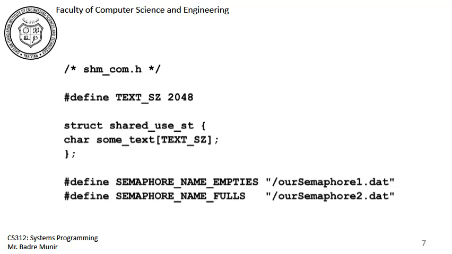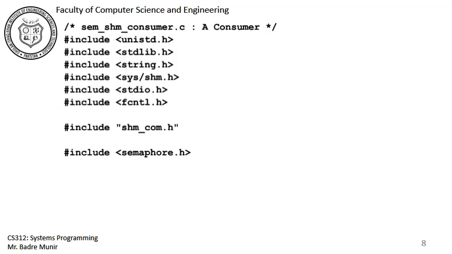Also, you will notice that two file names are defined using macros. Next, we have the code of the consumer process, and this is the list of header files. You will notice that our custom made header file is also used.